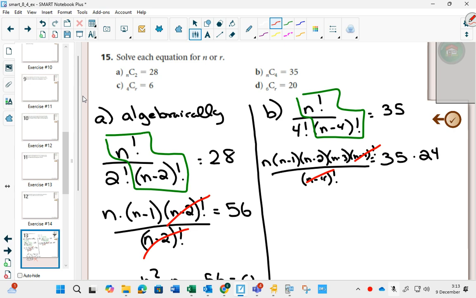If you were going to solve this algebraically, you would next, what did we do here? We multiplied out the n times n minus 1. Does that not look like fun here? Do you see that you would get an n to the 4 and a whole bunch of other stuff? Then you would have to move the 840 back to this side to make it equal to 0, and you would have to factor your n minus 4 equation using everything we learned in chapter 1 with the factor theorem, remainder theorem, and synthetic division.